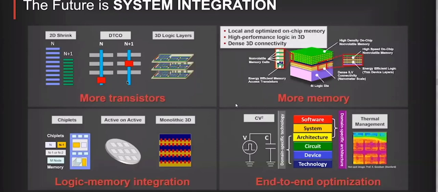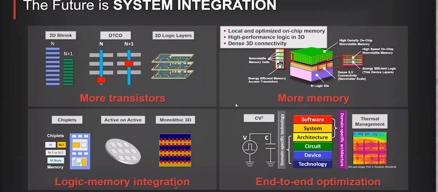So what is the future? Still, the future is system integration, and there are 4 factors. One is more transistors: 2D shrink, DTCO, and 3D integration. More memory: vertical integration and dense 3D connectivity.